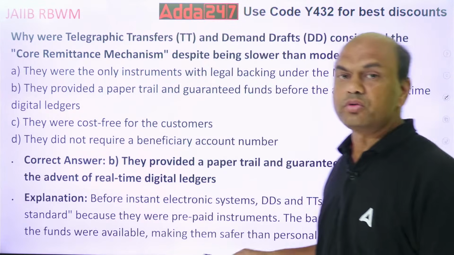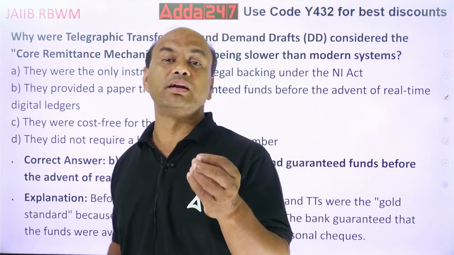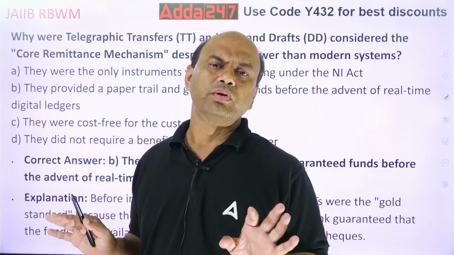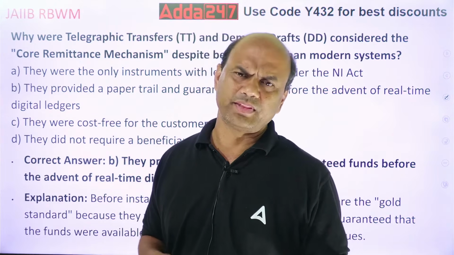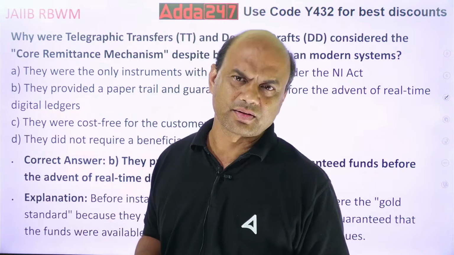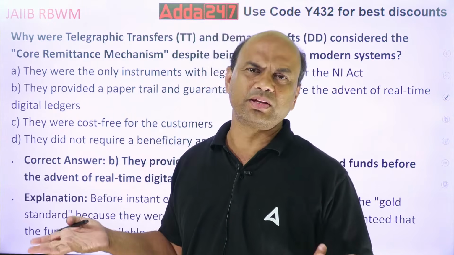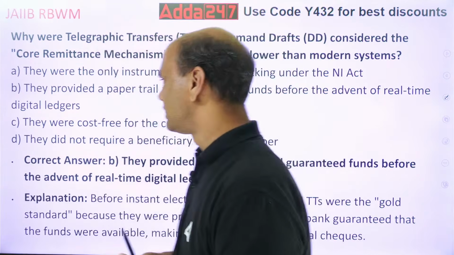So whenever you issue any DD, whenever you do any FT, what do you do? You first check whether there are funds in the account or not. Then only you will do NEFT, isn't it? Same thing with DD, same thing with TT, same thing with everything, right? Got it? Clear?